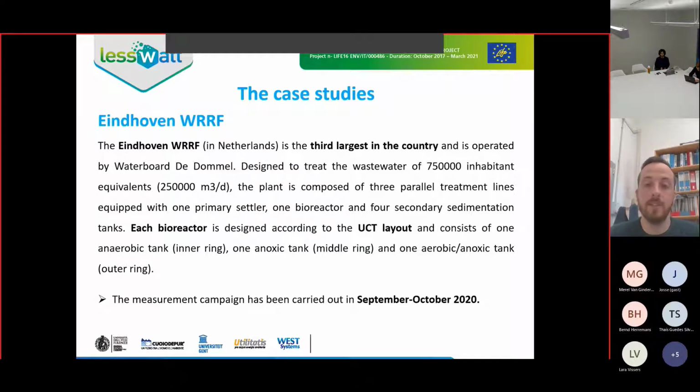Each bioreactor is designed according to the UCT layout and consists of 1 anaerobic tank, 1 anoxic tank, and 1 aerobic tank. The measurement campaign was carried out in September-October 2020.